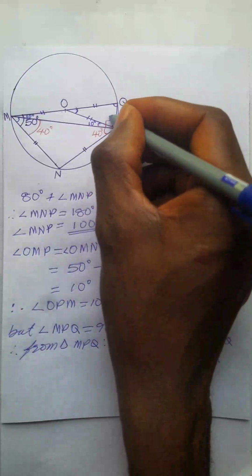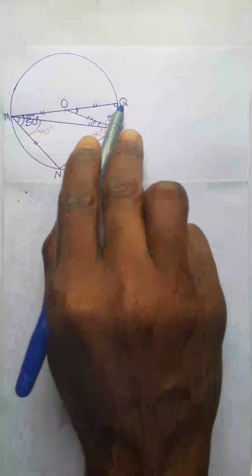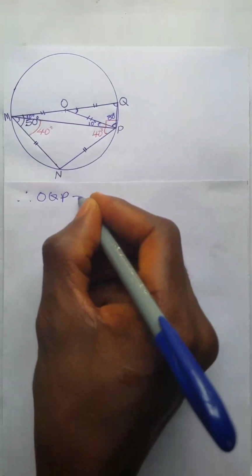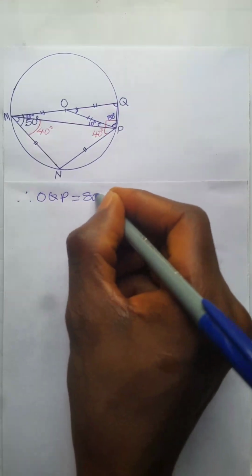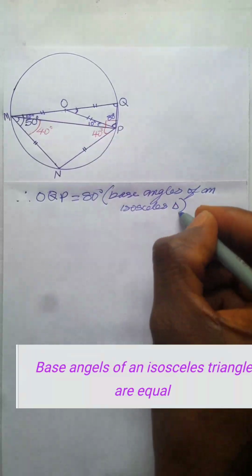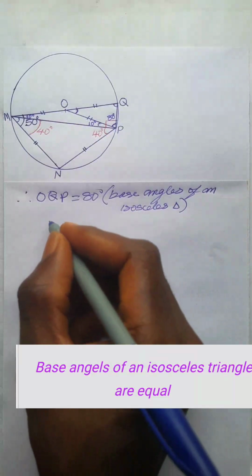So we have this place as 80 degrees. Therefore, this angle OQP is also equal to what? 80. Why? Base angles of an isosceles triangle, they are always equal.